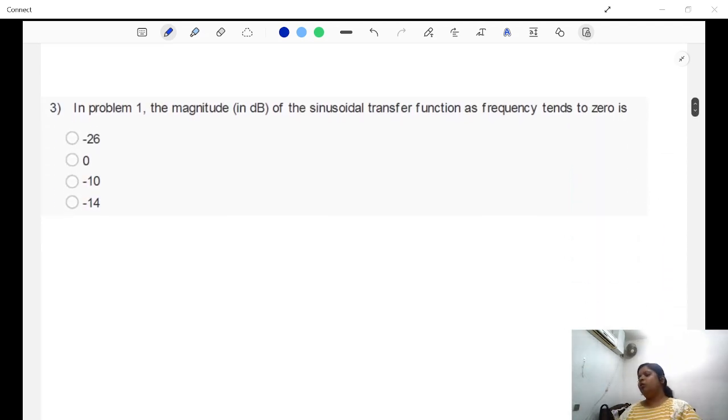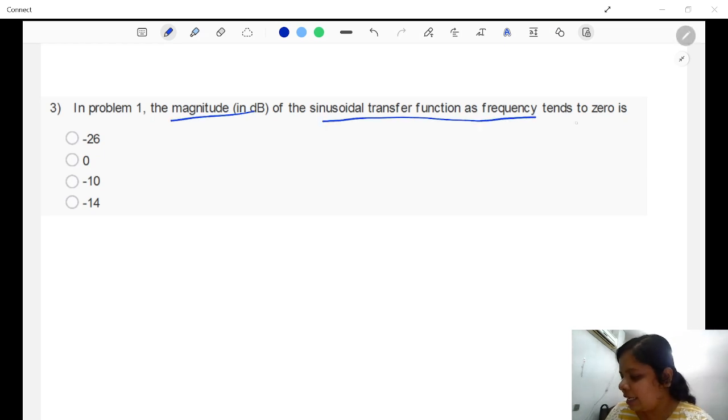It's again related to the same question: the magnitude of the sinusoidal transfer function as frequency tends to 0. In the first question, we saw that frequency was high frequency, so we neglected every term that came with it. In this case, we are just going to neglect the frequency itself.